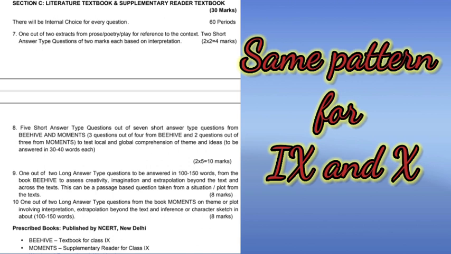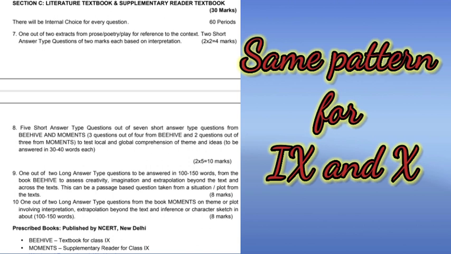And then there would be 2 very long questions, 8 marks each. Alright, both the questions would be there from each book. In class 9, 2 books are there. From each book, 2 questions would be there. A student would be given 2 questions, and they would be asked to opt for one. 2 questions from Beehive and 2 questions from Moments.